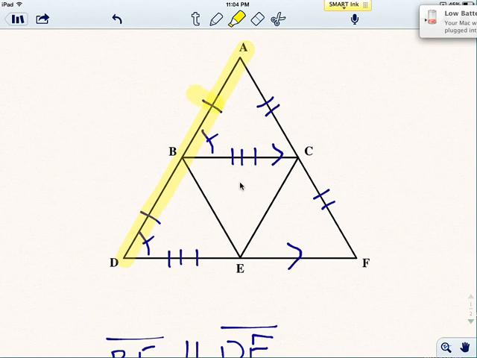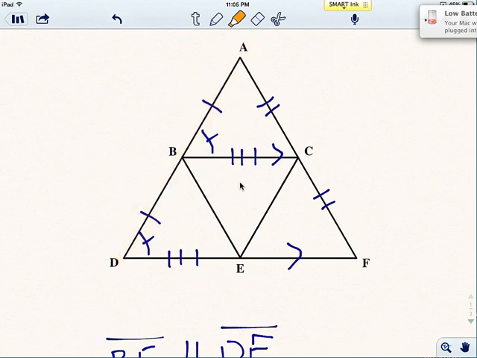So because I see that I've got two equal parts in AB and DB, then that means that B must be a midpoint. Okay, so I've got one midpoint. And then if we look at AF, well, the midpoint of AF would cut AF into two equal parts. So because AC and CF are equal parts, that means that C must be a midpoint. Okay, this is all good stuff because if B is a midpoint and C is a midpoint, that means that BC must be a mid-segment.